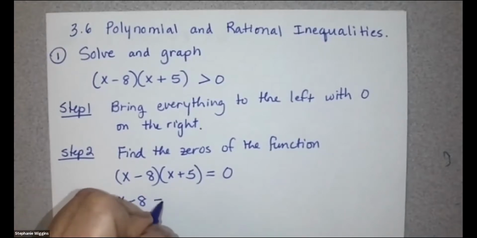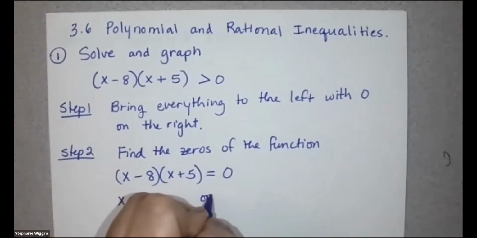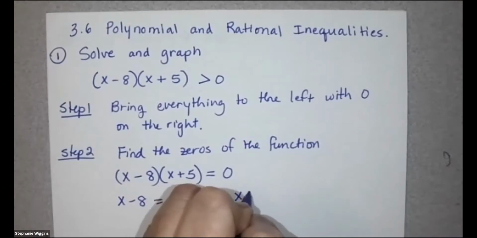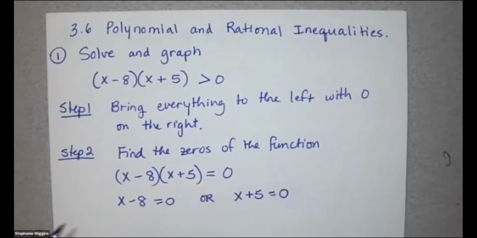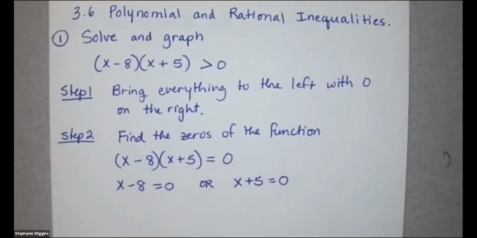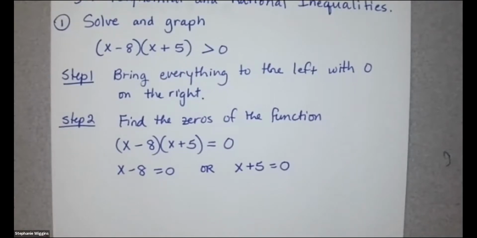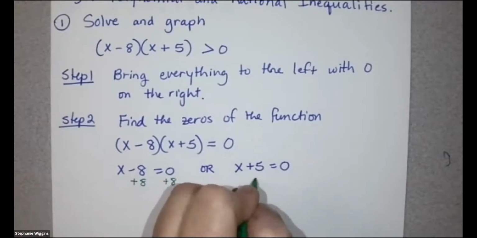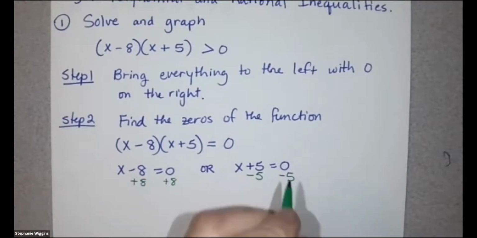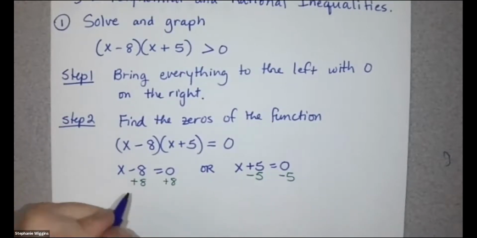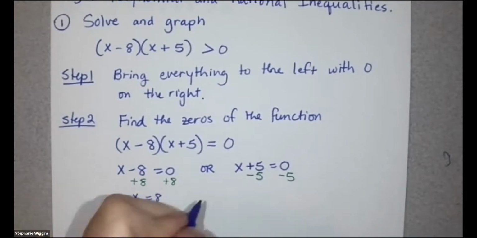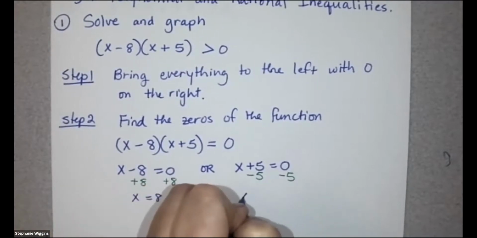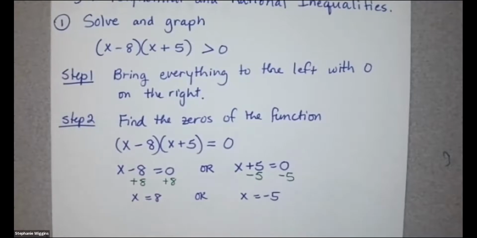So we have x minus 8 equal to 0, or x plus 5 is equal to 0. Solving those equations, we add 8 to both sides here, and then we subtract 5 from both sides. And we get x is equal to 8, or x is equal to -5.